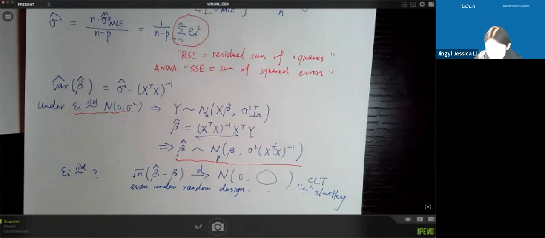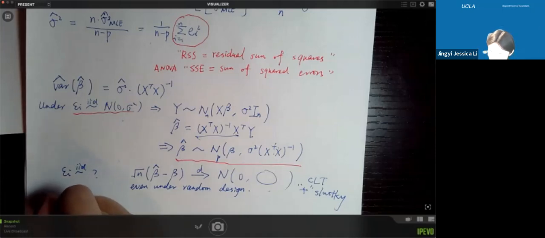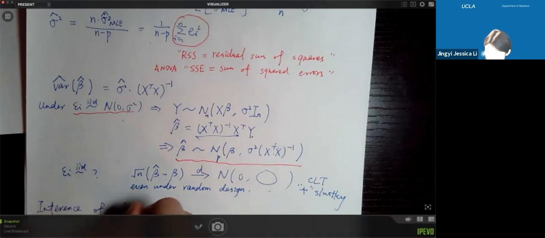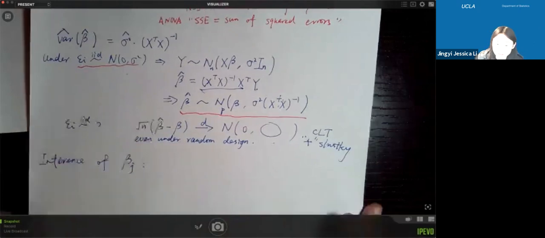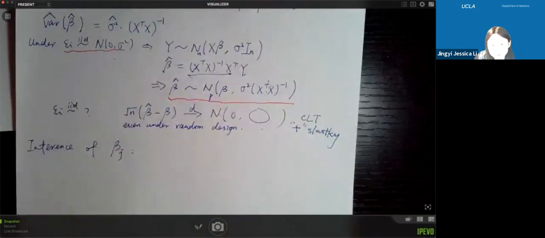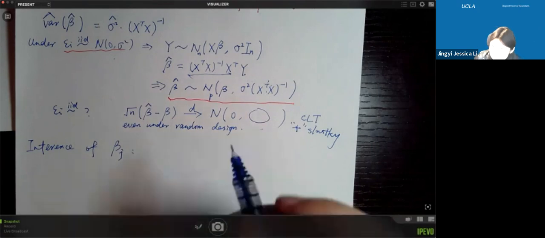Okay, so now with this, finally, we said we're interested in doing the inference, right? By inference, we mean that we are interested in each slope parameter, inference of beta j. Then we have a lot of tools at hand. Then how do we do it? So by inference of beta j, the key idea is that we want to say something about beta j given our estimator.